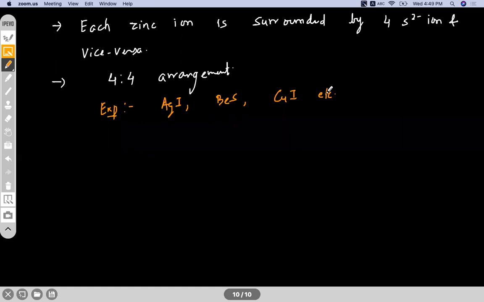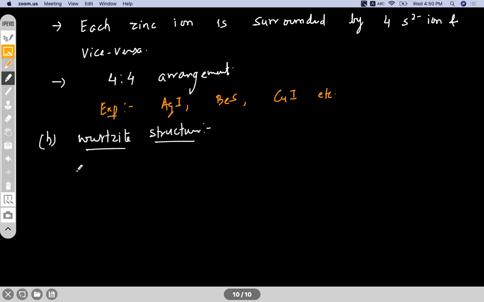The second type of structure we have is the wurtzite structure. One small difference we have in this second structure. Write down, it has HCP arrangement.